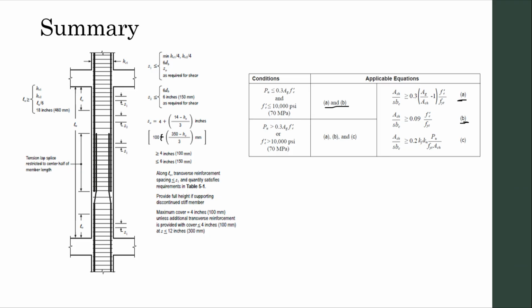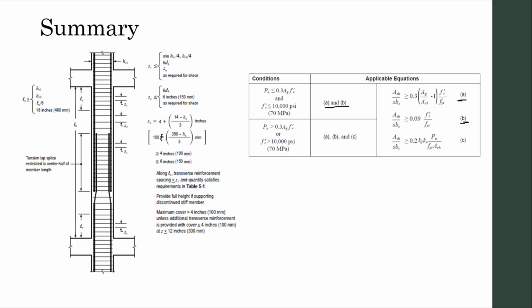Or ASH over SBC, spacing yung S, greater than or equal to 0.09 of FC prime, the compressive strength of concrete, and the yielding strength of tension reinforcement.